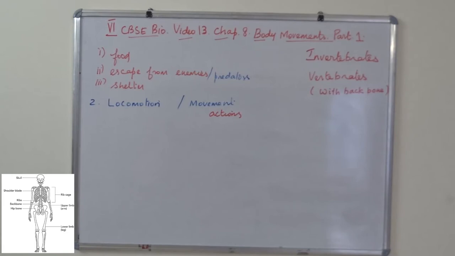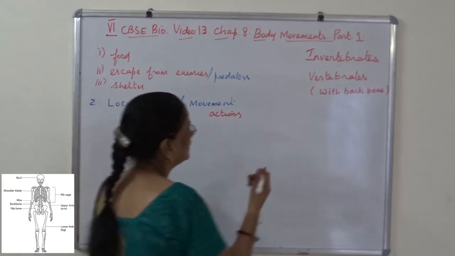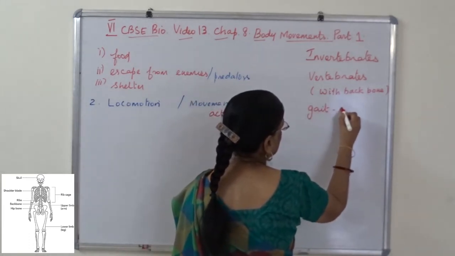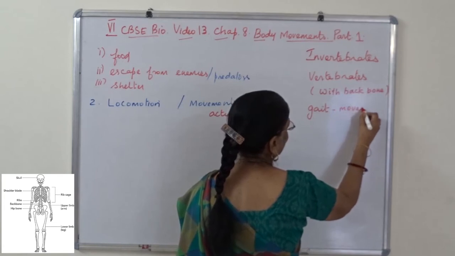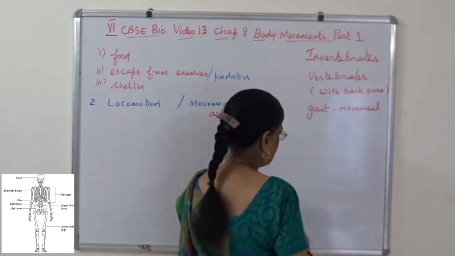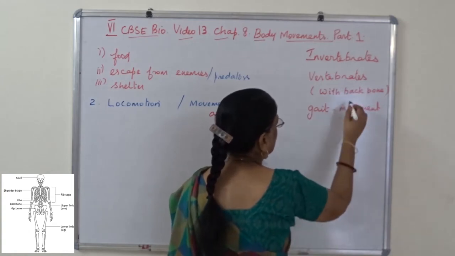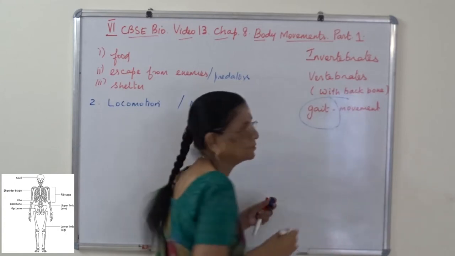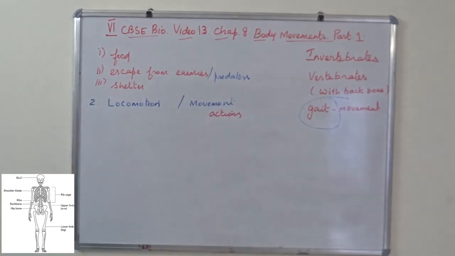I hope you understand. The way the animals move is called the gait of animals. Gait is the way that animals move. So we come across another term. The way an animal moves is called gait.